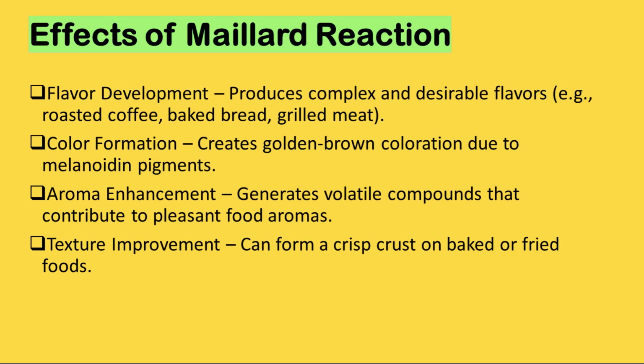Third, it enhances aroma. The reaction generates many volatile compounds that give foods their mouth-watering smell. And finally, it improves texture. Think about the crisp crust on baked or fried foods. That crunch is partly thanks to the Maillard reaction. So overall, this single reaction shapes the flavor, color, aroma, and texture of many of our favorite foods.